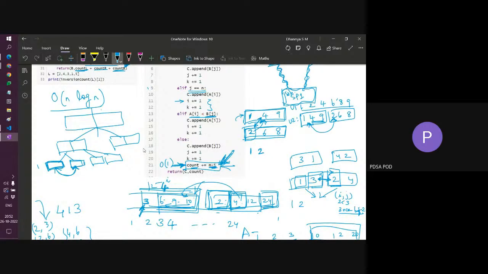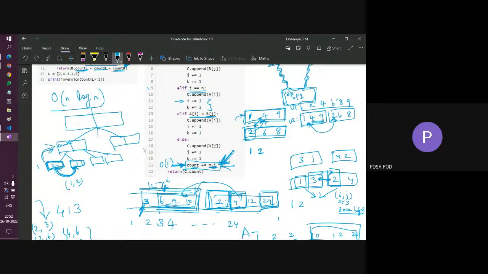But when you combine this, suppose this was 2 and this was 1, then you have one inversion. So this gets added to the count L. Yes, ma'am, the count B here for 1 and 2 is this inversion during the merge. Okay, I understood now.